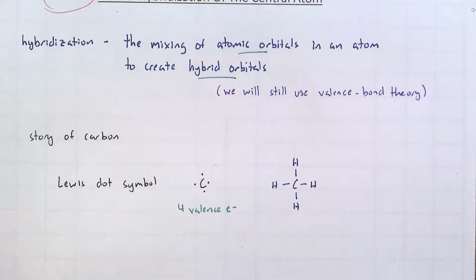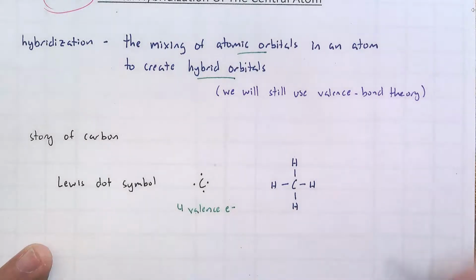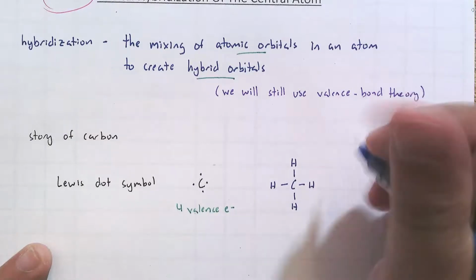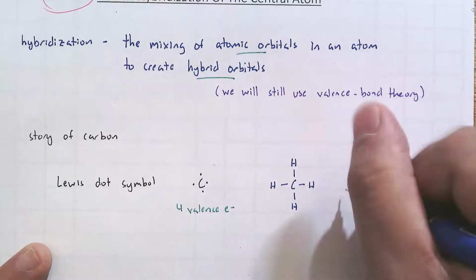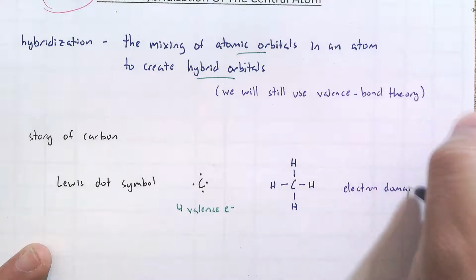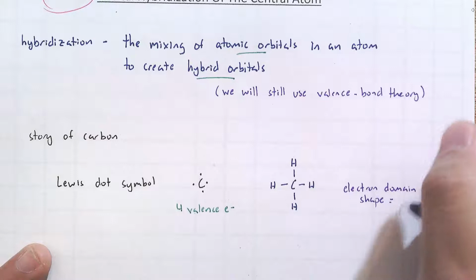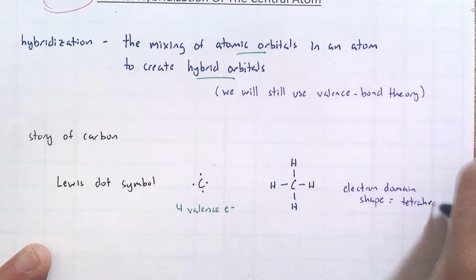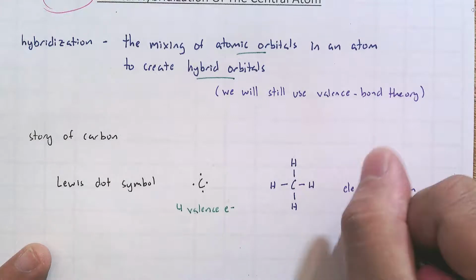And then we're off to the races, right? We have 4 bonds. I like to think of them as balloons, but you could also think of them as electron domains. And the electron domain shape is tetrahedral. This is all review. And the molecular geometry is also tetrahedral.